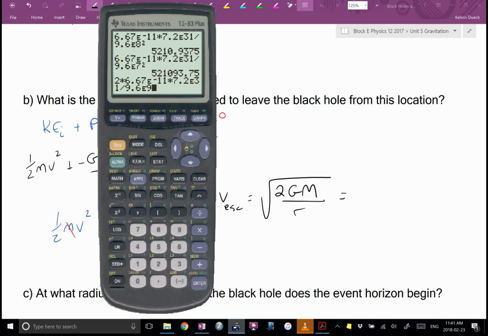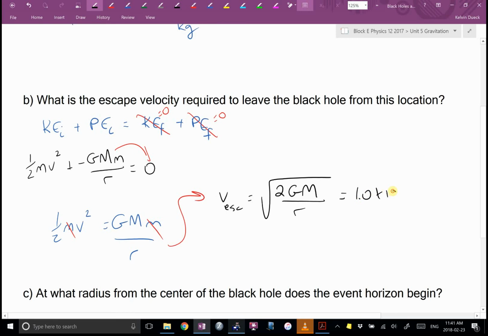Delete the squared. Square root of that. And by a wonderful fluke, I was making up numbers, you get almost exactly 1,000,000 meters per second. But okay, 1.0 times 10 to the 6th meters per second.